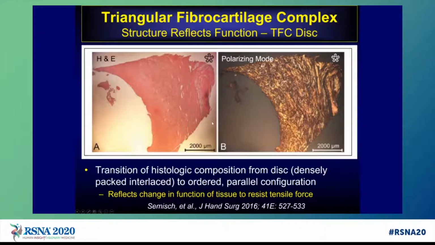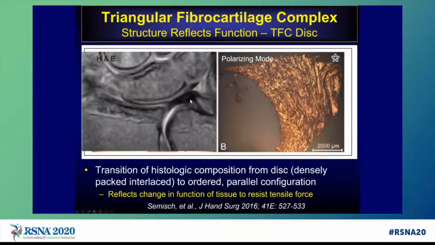As we look at these two histologic preparations, here the H&E in the polarizing mode, we again get this idea that the primary component of the fibrocartilaginous disc is comprised of this densely packed tissue. And as we look at the transition moving to the ulnar aspect, we can identify the fact that that tissue becomes more organized, or perhaps a better way to put that is organized in a different fashion.